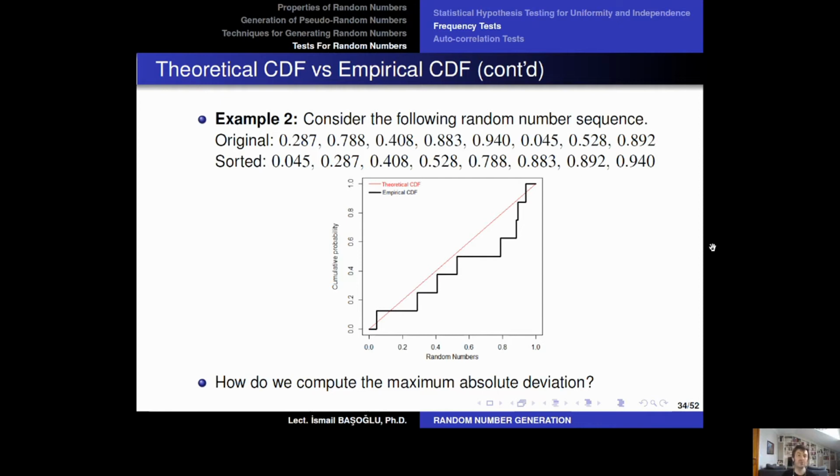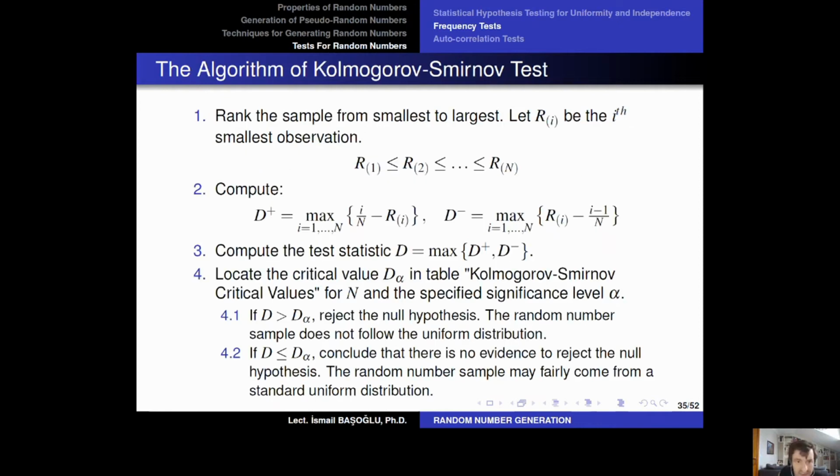Now, this is the algorithm of the Kolmogorov-Smirnov test. In the first step of the algorithm, we are going to rank the sample from smallest observation to the largest. So we are just going to develop the order statistics of these random numbers. R parenthesis 1 means the smallest observation.